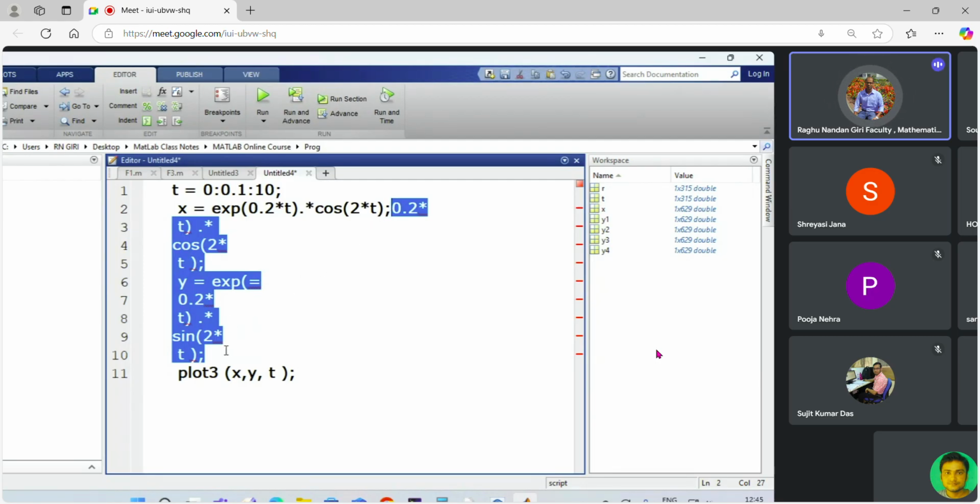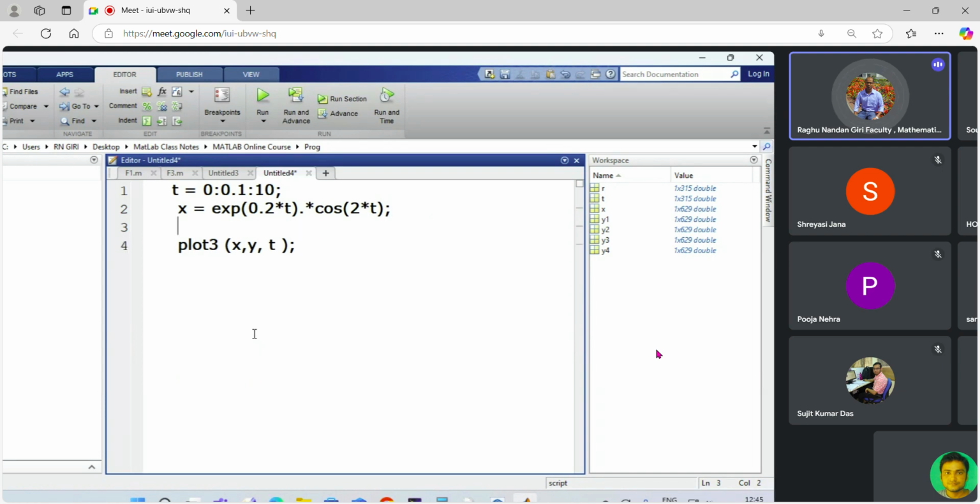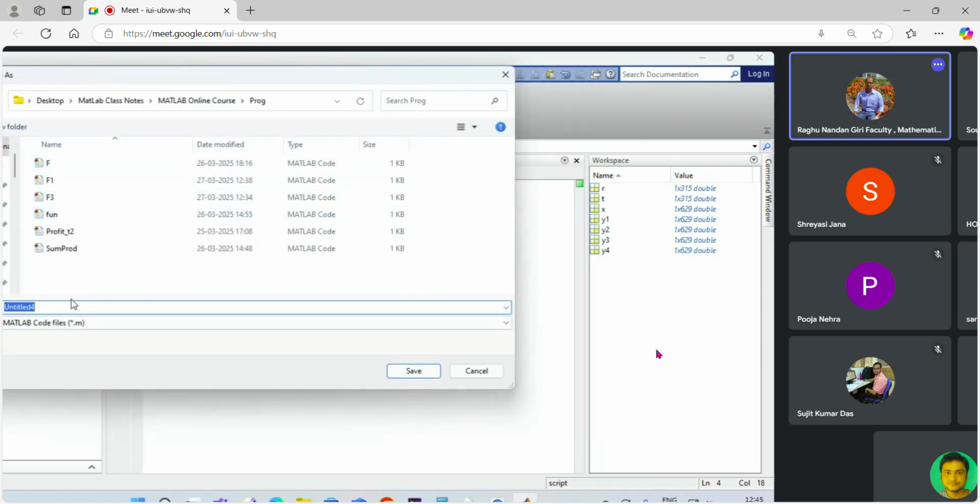Then y equal to exp of minus 0.2 times t, dot star sin 2t. Then plot3 of x, y, t. There. Good, good, good.